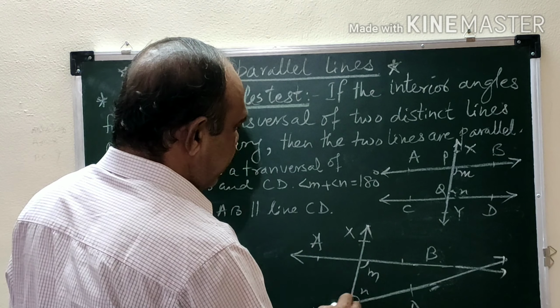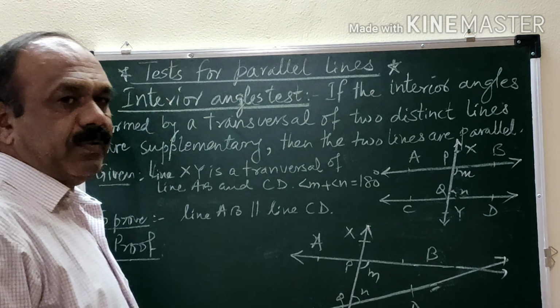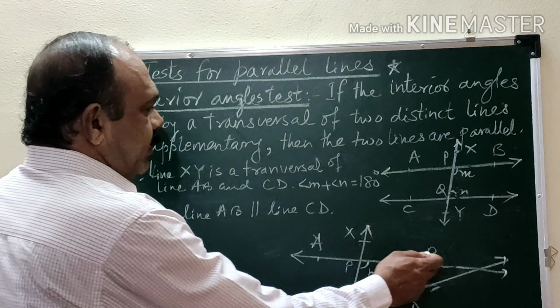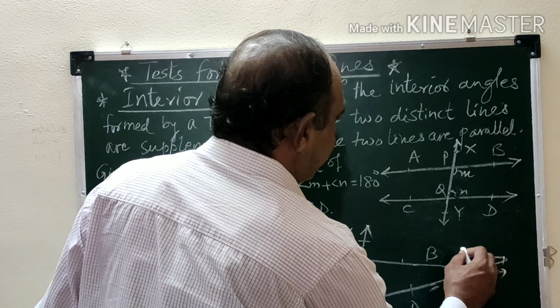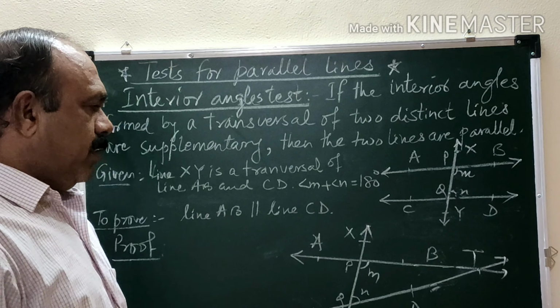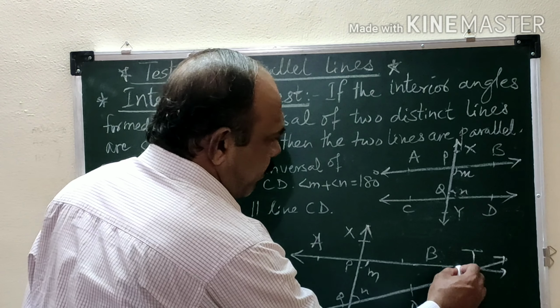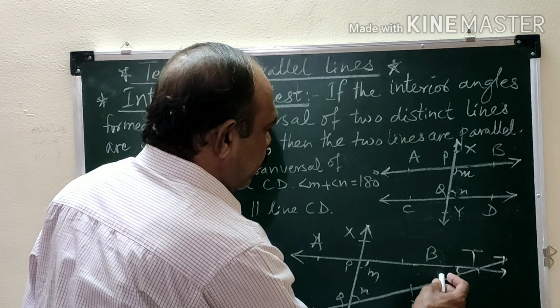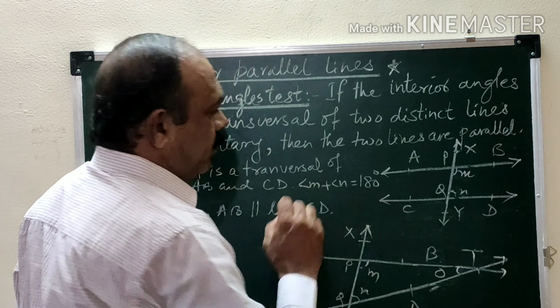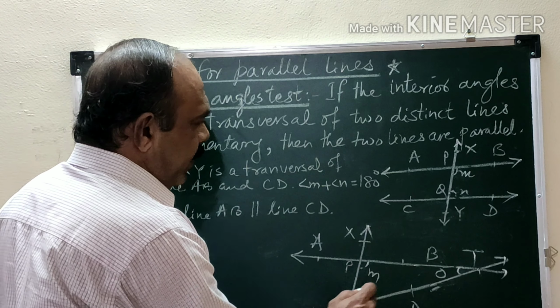A and B, C and D, and the transversal XY intersects them at points P and Q. These two lines are intersecting each other at a point, which we denote by T. The angle formed at the intersecting point we consider as angle O. So triangle PQT is formed here.